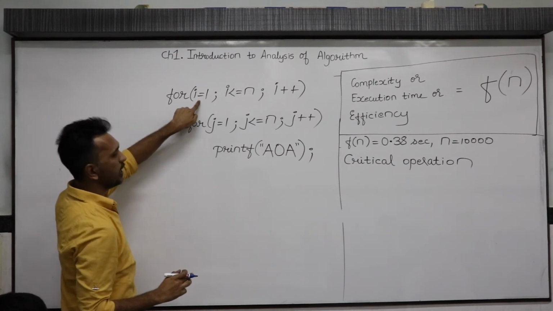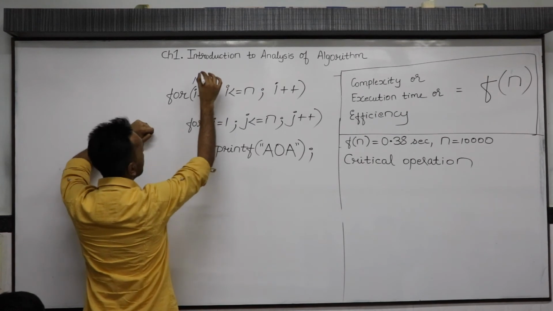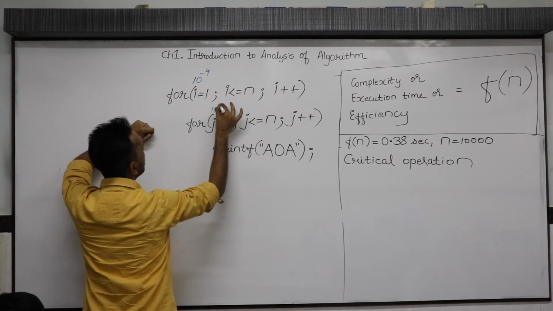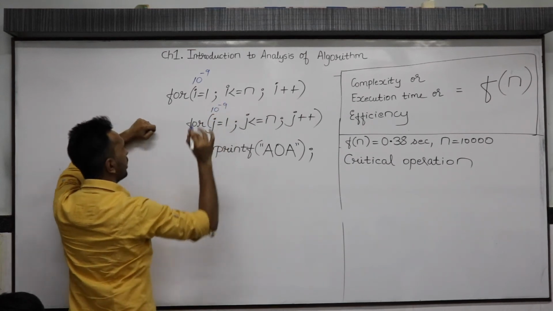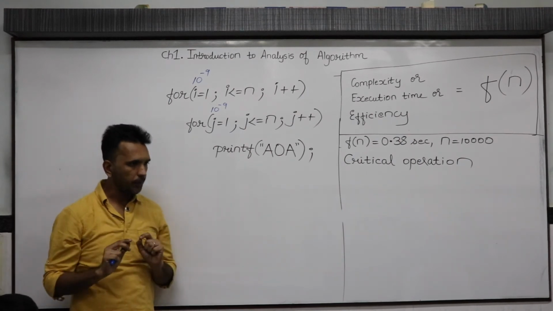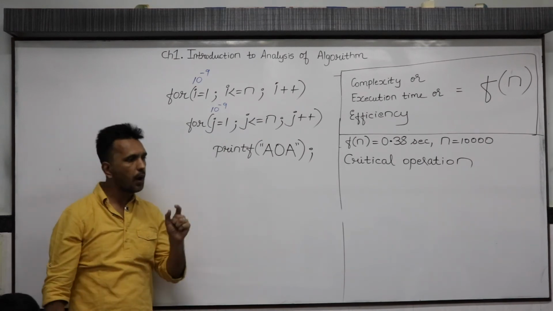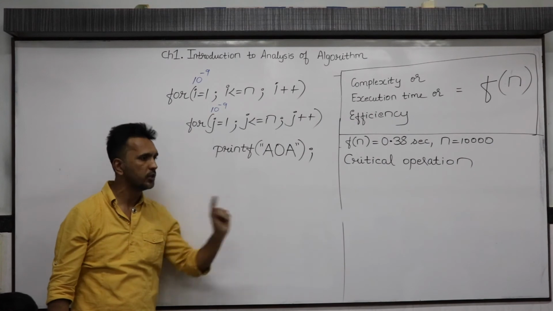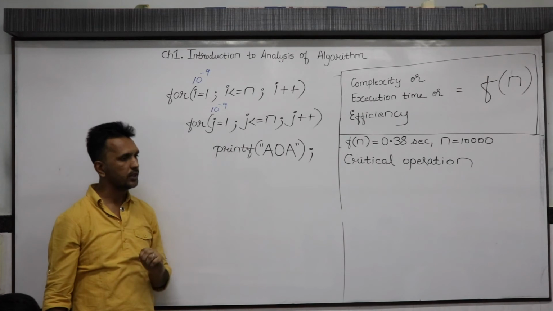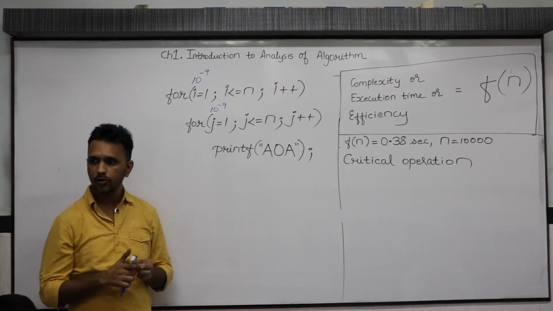Now to understand the concept of critical operation, let's say this initialization takes 10 raised to minus 9 seconds to execute within the processor. Whenever you execute any program, every operation in that program will require some amount of time to execute in the processor. That time could be as little as 10 raised to minus 9 seconds, but it cannot be 0.